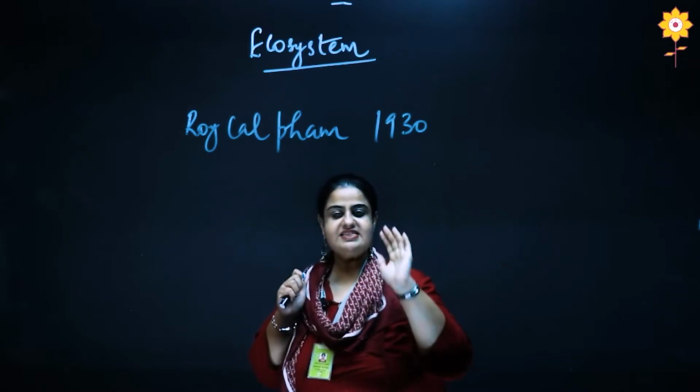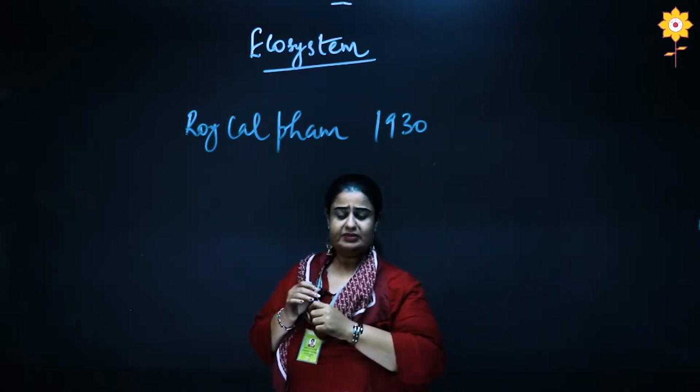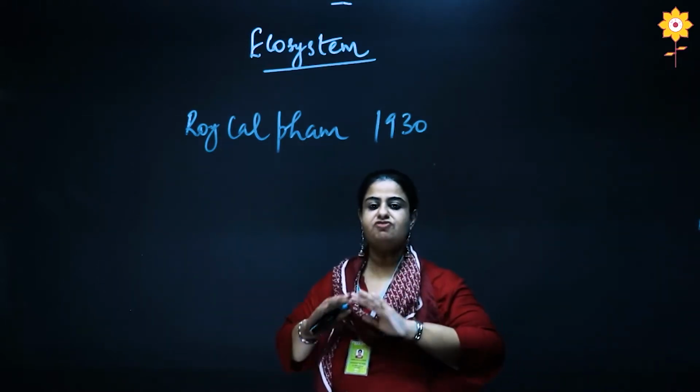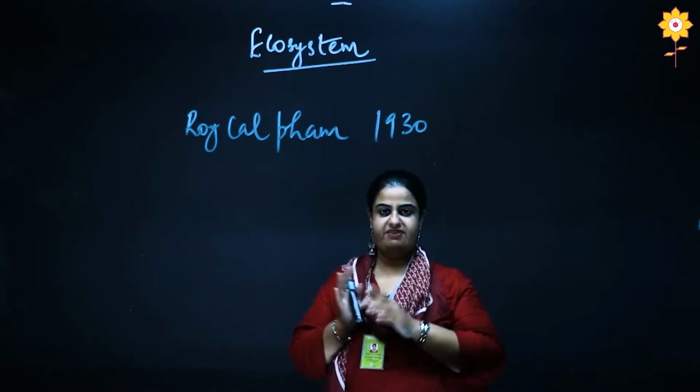Now, let us say what ecosystem is in simple words. Ecosystem in simple words is the sum total of all living and non-living components in the environment.